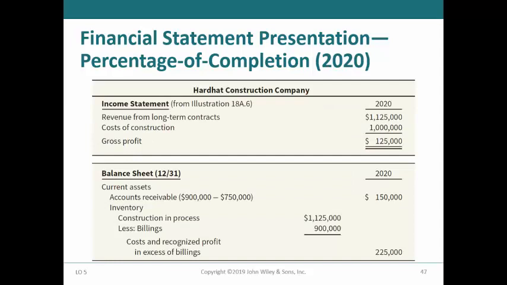This slide shows partial income statements and balance sheets for hard hat construction for 2020. The revenues, expenses, and gross profit on the contract are shown in the income statement, and the accounts receivable and construction in process less billings illustrated in the previous slide are shown in the current assets section.